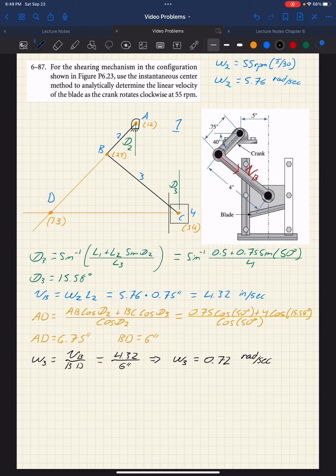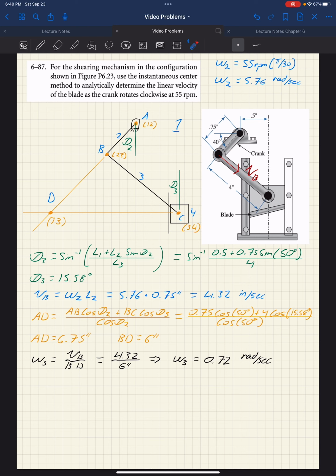Now all we need to do is find the length CD, and we can use our simple velocity equation again and find the velocity of point C. If we're looking to solve for CD, we're given this horizontal distance, the offset distance of this offset slider, which is 1/2 inch.